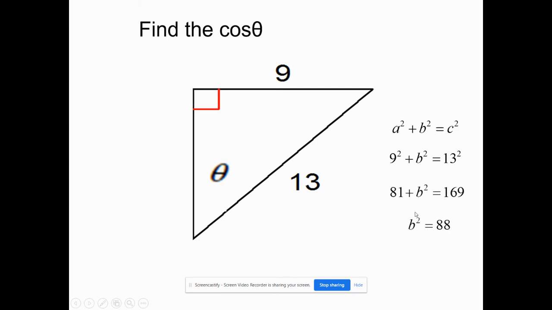If I solve this for b, I know that b is going to be plus or minus 2 square root of 22. But since I'm talking about the length of a triangle, I can throw out the negative answer and just keep the positive. So I know that this side is 2 times the square root of 22. The cosine is the adjacent over the hypotenuse. So it'd be 2 square root of 22 all over 13. That's what the cosine of the angle would equal.